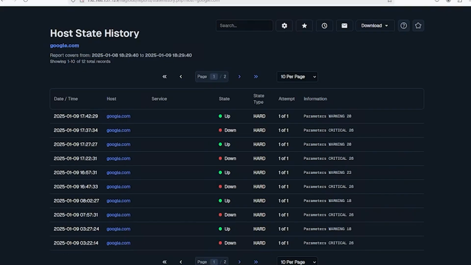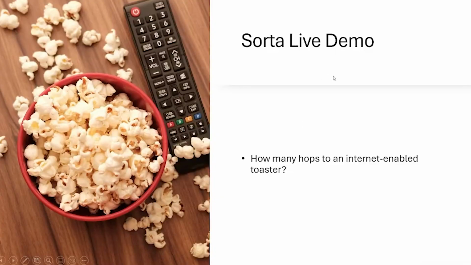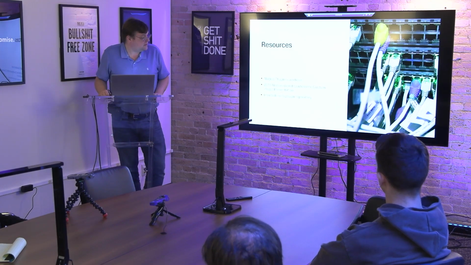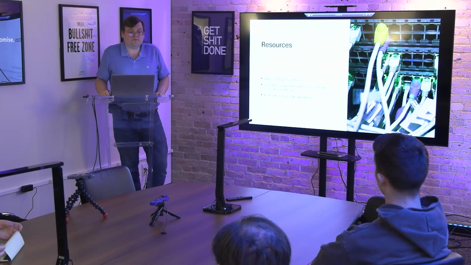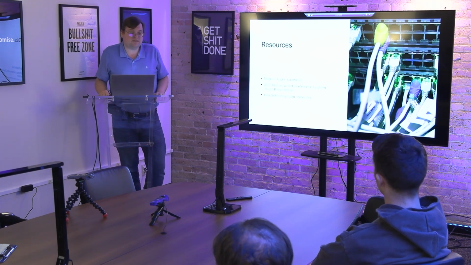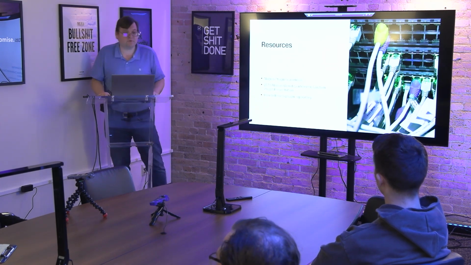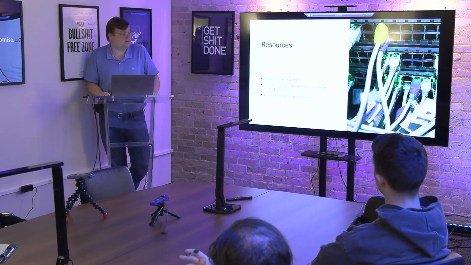Let's go back to here. Yeah, I've got some resources in here, some plugins. Somebody else's presentation who did this 10 years ago at the Nagios conference that I found. And one of our employees last week posted a link to this guy's plugin repository on GitHub.